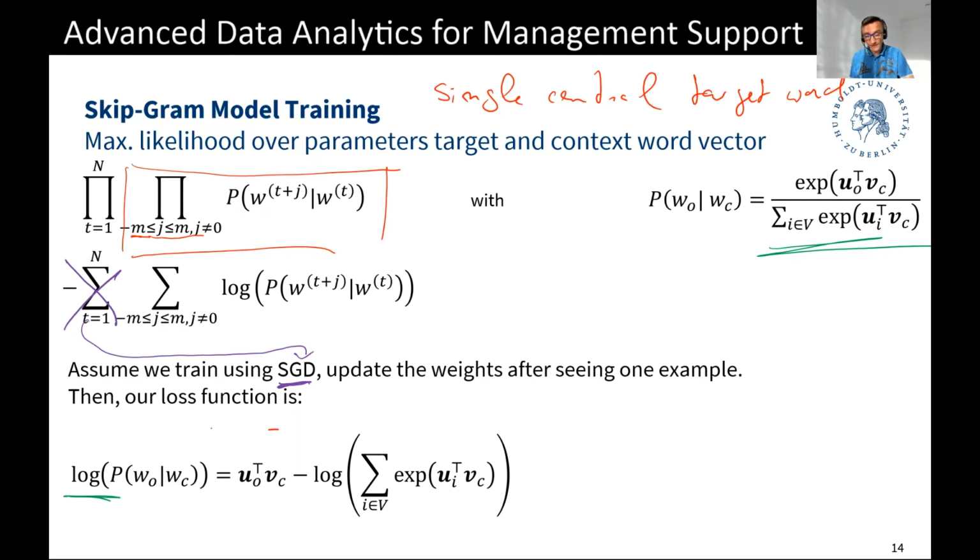Right, the log of the ratio is the log of the numerator minus the log of the denominator, and then basically for the numerator you have the log of e to the dot product, and of course the log and the e cancel out. So this is how this all fits together. And once again, that is our loss function. That's how we measure loss.